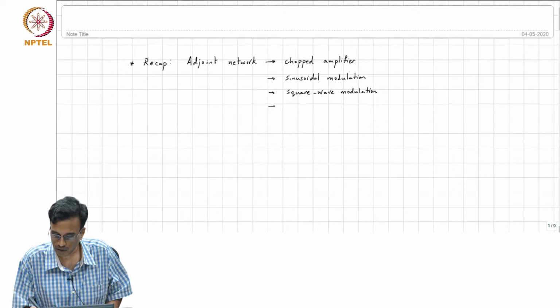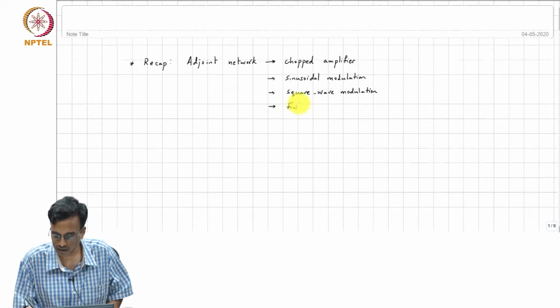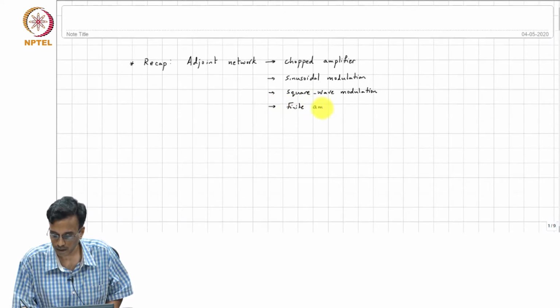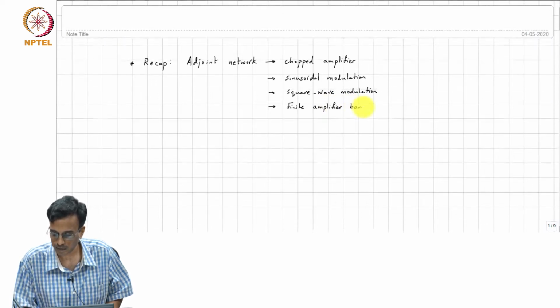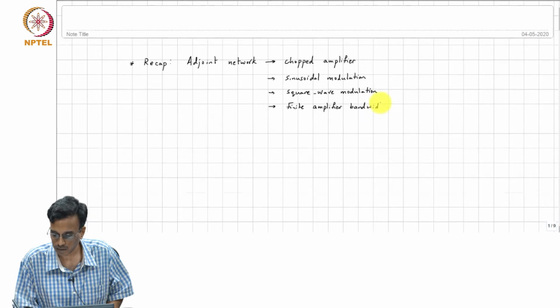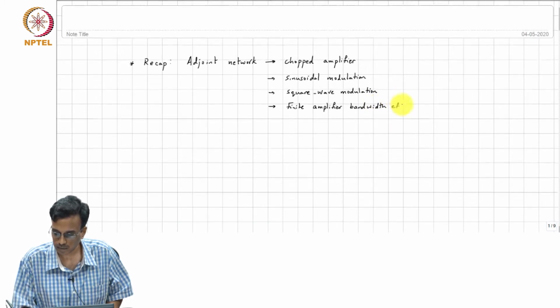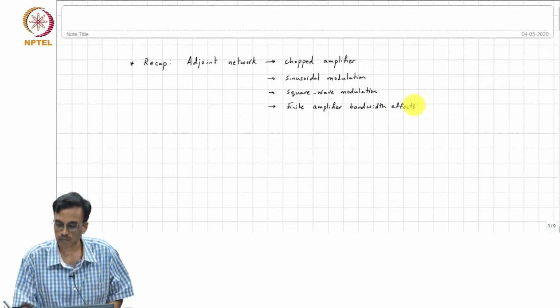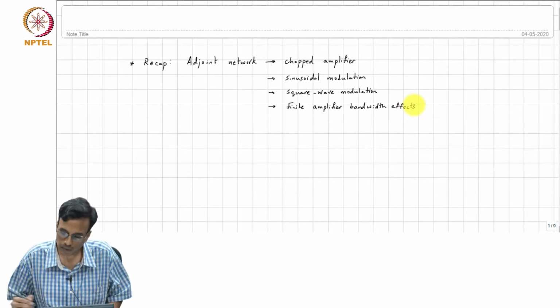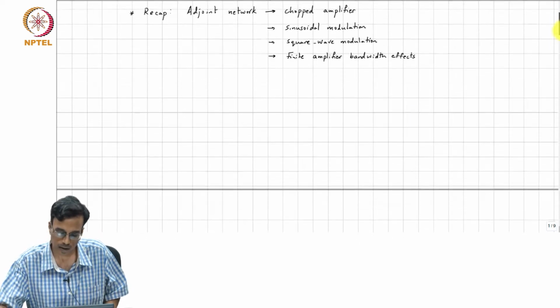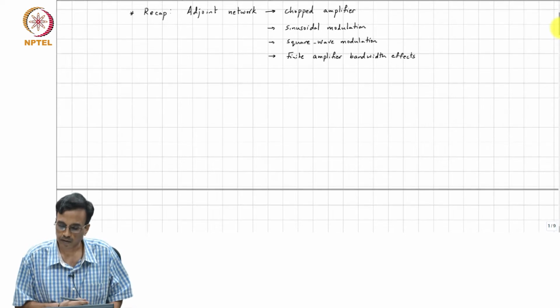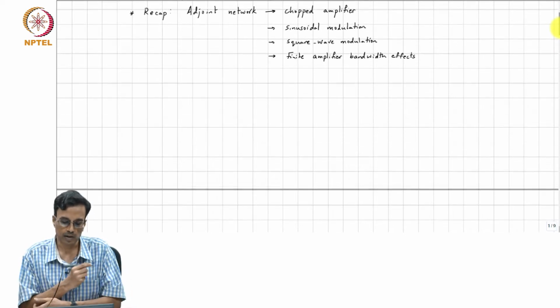Then we also saw finite bandwidth effects. Okay. And so, this is the overview of what we did yesterday.